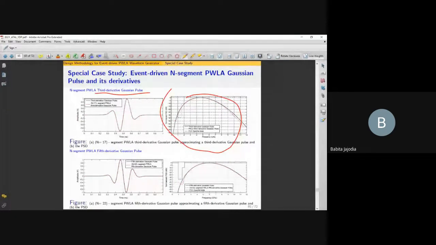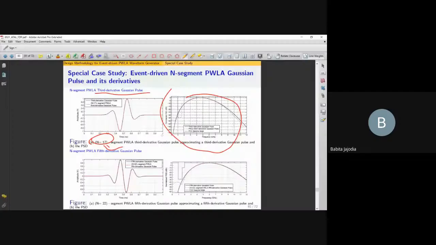In this case, for example the fifth derivative, it almost matches the actual one. Somewhere here it does not, but it's okay, because everything lies under this. We took n equal to 17, that means we took the best case. The objective was whether it meets the specifications and so on.